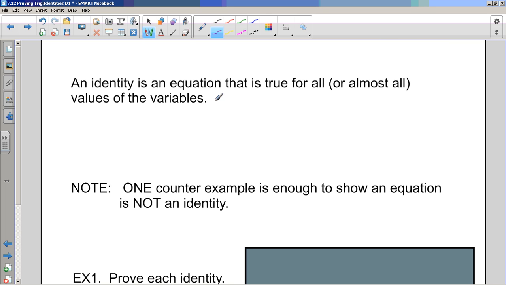An identity is an equation that's true for all values of the variables. It says almost all, and the almost all comes from this sort of thing, right? If we know that this is an identity from last year, so this is true for all values of x, except when x gives you a 0 on the bottom here, except when cos x equals 0, then it's not true.